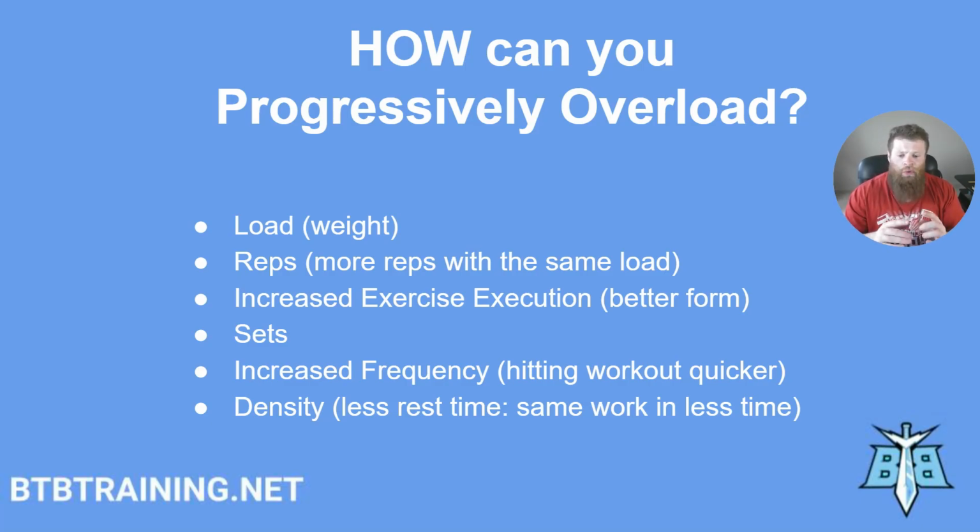We can also increase your exercise execution, having better form and targeting the muscle better. So let's say that you're doing something like a lateral raise with the 20-pound dumbbells and you're getting 10 reps with them, but your form is terrible. Let's say you're just throwing the weight around.